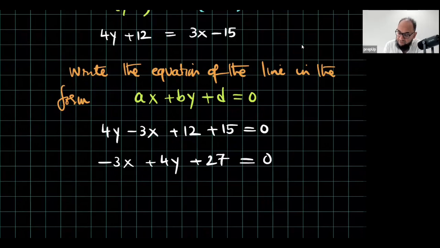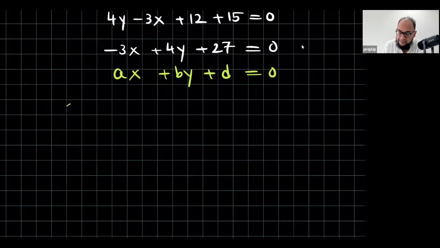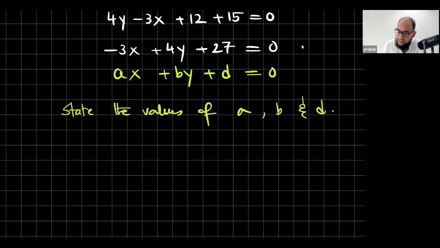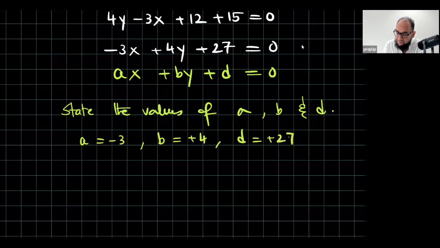Yes, this is of this format, which is ax plus by plus d equals to 0. Maybe the examiner will say, state the values of a, b, and d. So you will do comparing coefficient. You'll say a is negative 3, b is positive 4, d is positive 27.